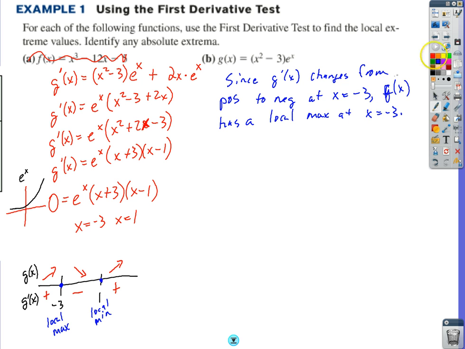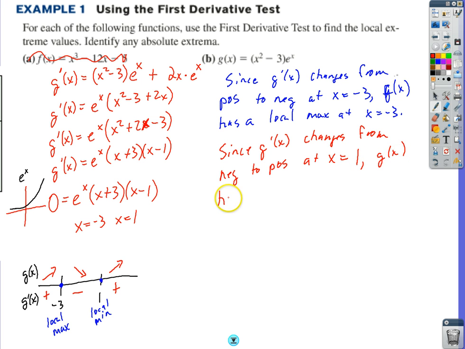And repeat for the other one. Since g prime of x changes from negative to positive at x equals 1, g of x has a local min at x equals 1.